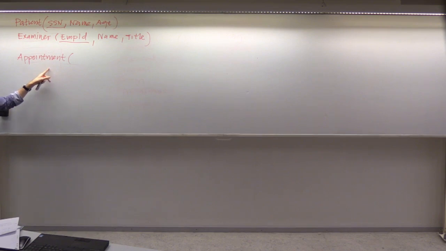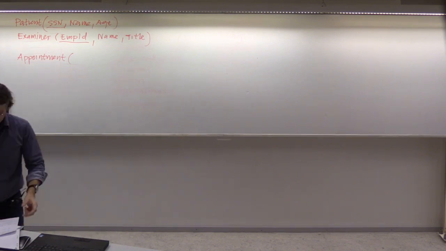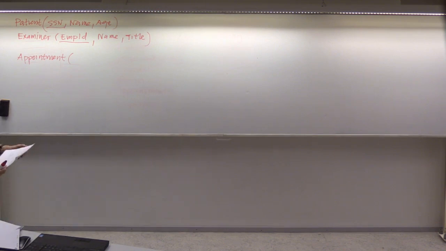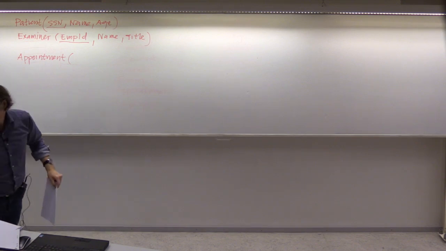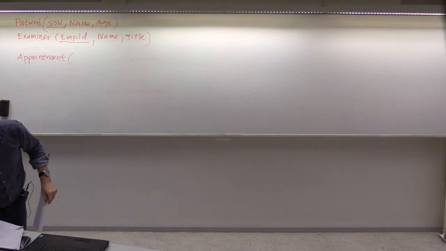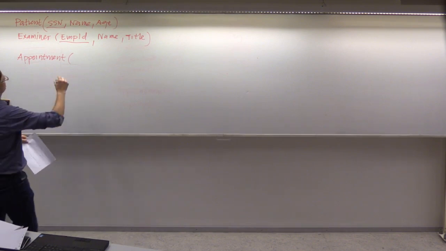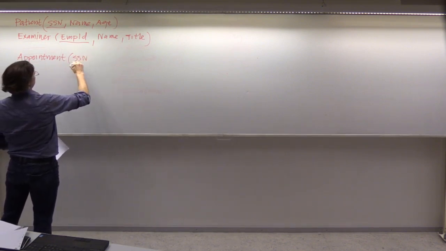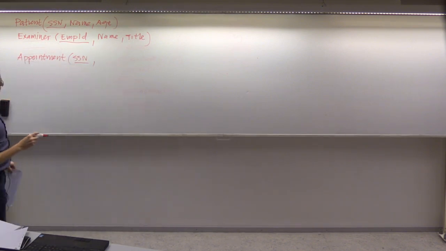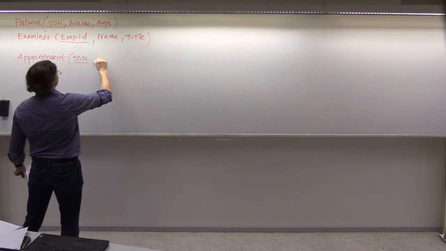So they formed the new primary key. So in that case, we have the social security number and the employee ID.